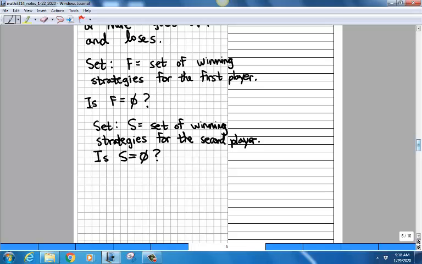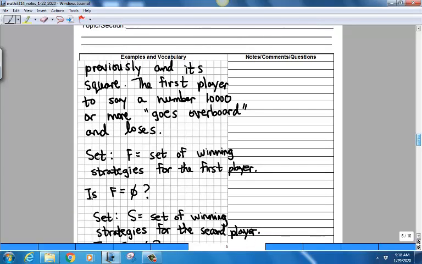You lose if you're forced to choose a number bigger than 10,000, or it may be at least 10,000. Yeah, I think it's at least 10,000. So the first person that has to say 10,000 or more is going to go overboard, and that person is going to lose the game.